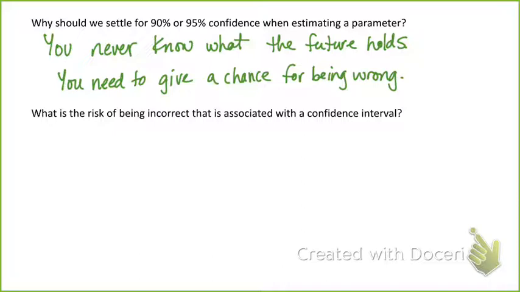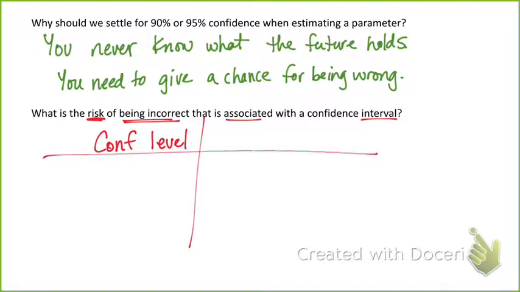All right, you guys. So, what is the risk of being incorrect that is associated with your confidence intervals? So, confidence level versus the risk of being wrong. The risk of being wrong. I can spell.